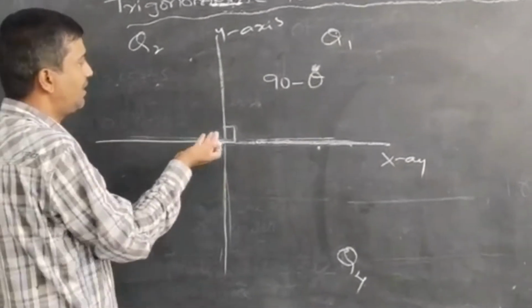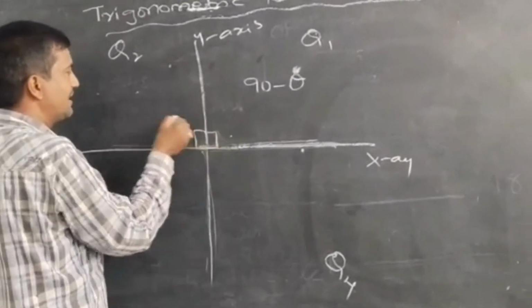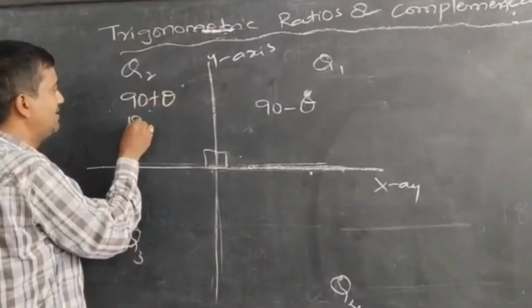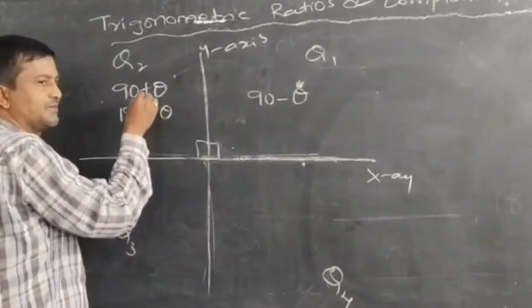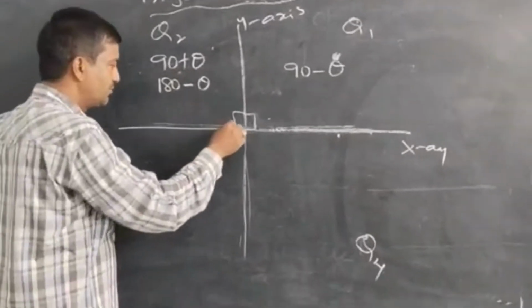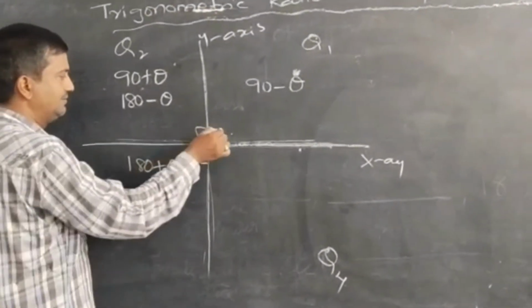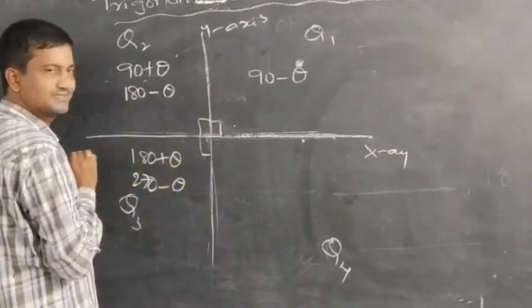Now come to the second quadrant. In the second quadrant it is 90 plus theta, between 90 and 180. In the third quadrant, it will be 180 plus theta, up to 270; 9 threes are 27, so 270 minus theta.